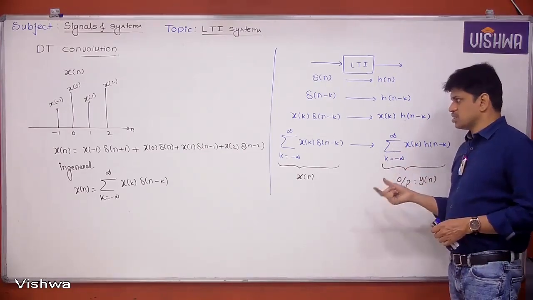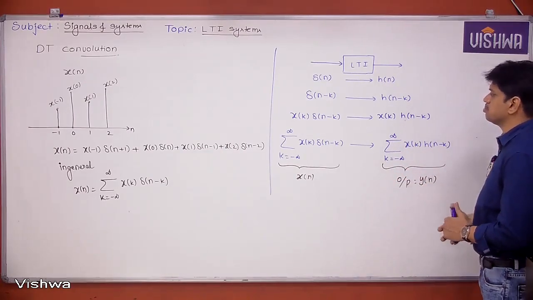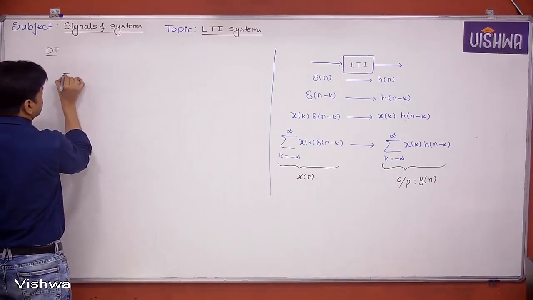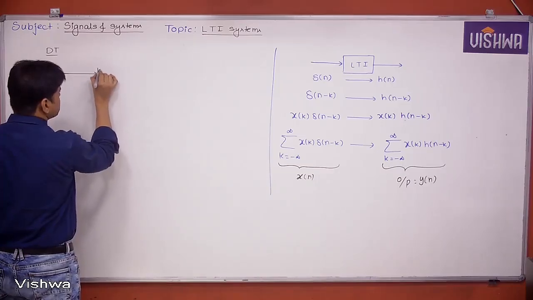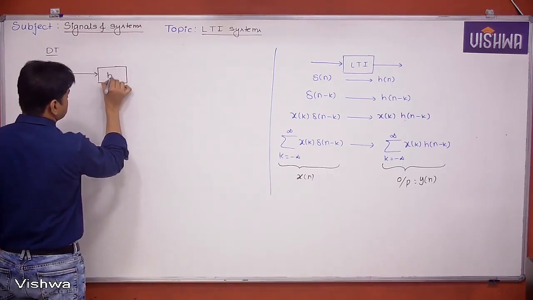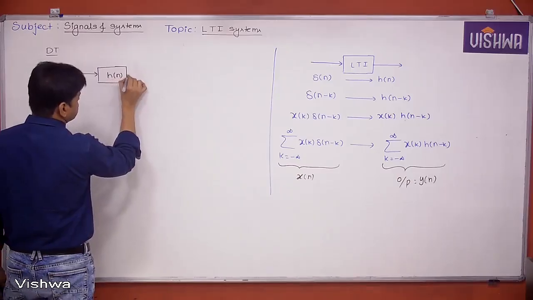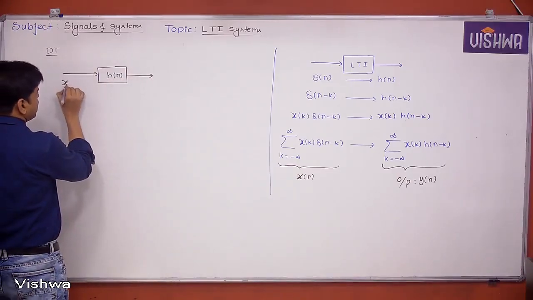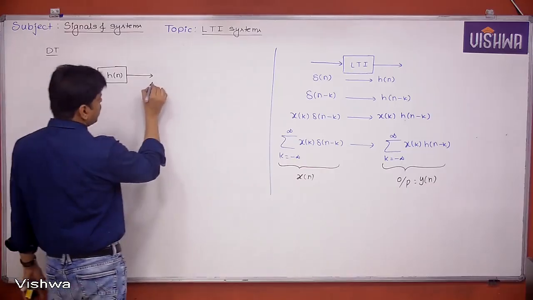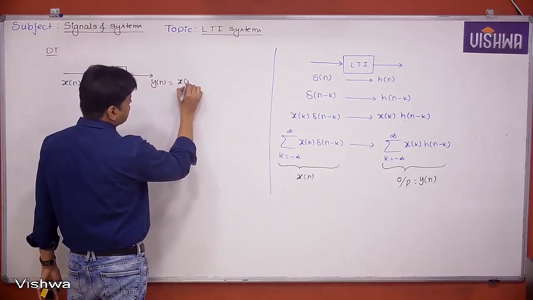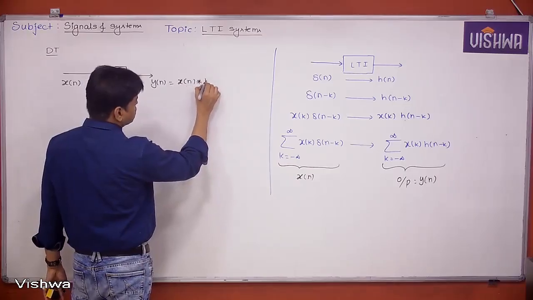First take down this, then we will write some more points. If the system is defined with h of n, we are talking about LTI systems only. Now, if x of n is the input, we get y of n, which is x of n convolution with h of n.